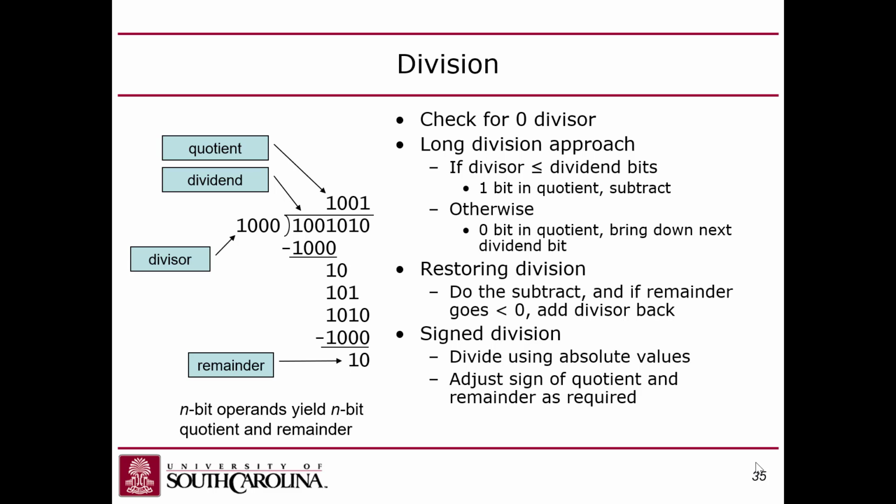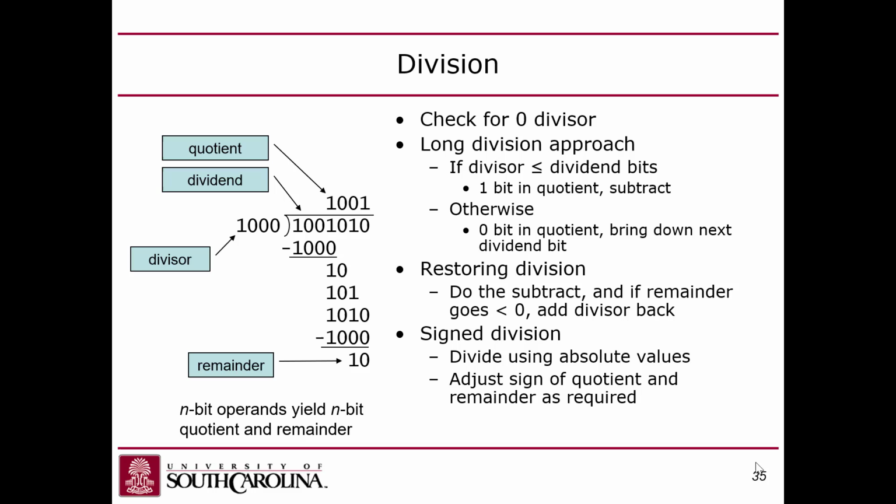We have 3, so 3 shifted by 0 is 3. 3 shifted by 1 is 6. 3 shifted by 2 is 12. 3 shifted by 3 is 24. 3 shifted by 4 is 48. 3 shifted by 5 is going to be 96.